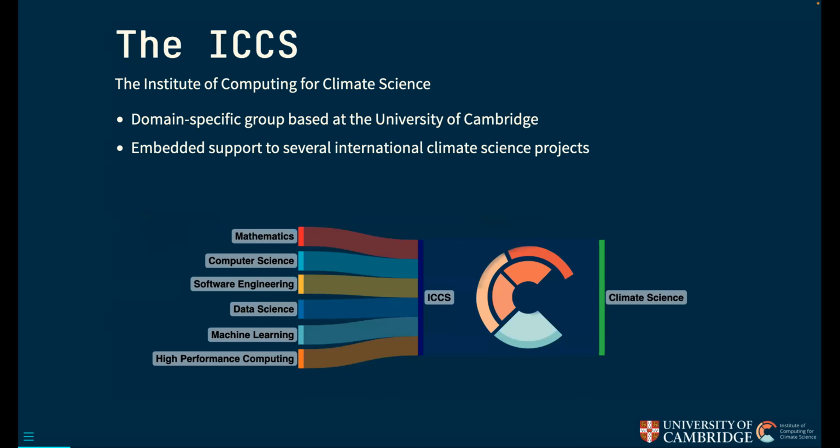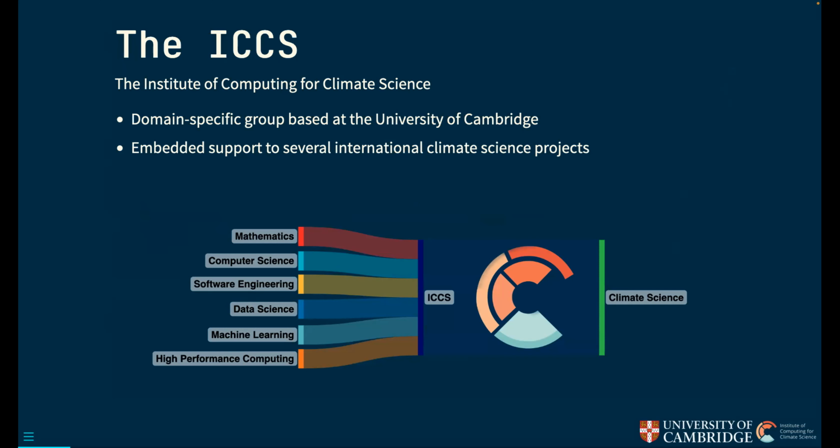So I'm from the ICCS, which is the Institute of Computing for Climate Science, and this is a climate-specific group, particularly computational, at the University of Cambridge. And I think the idea is, exactly as Andrew said, climate science now is not just fluid mechanics or atmospheric dynamics, but actually it's bringing together high performance computing, data science, potentially machine learning.